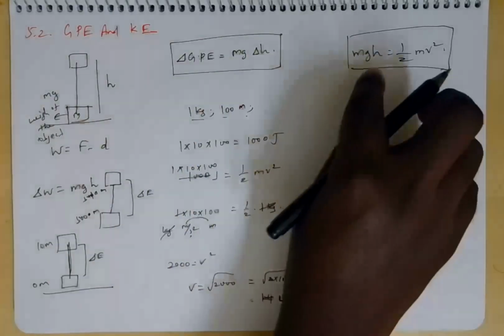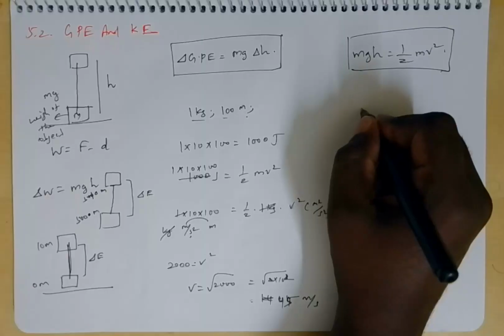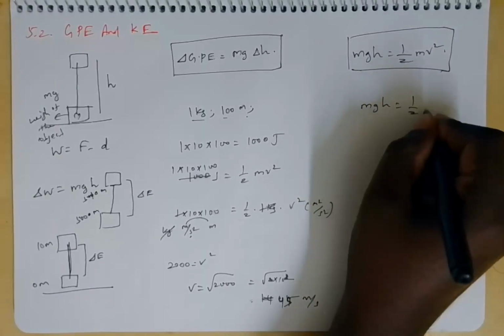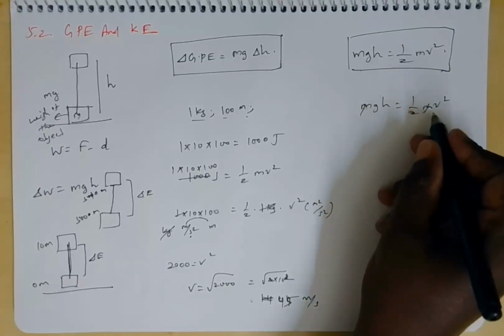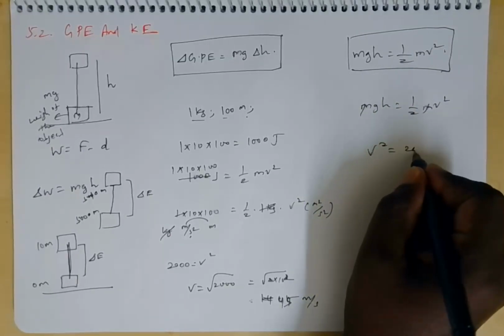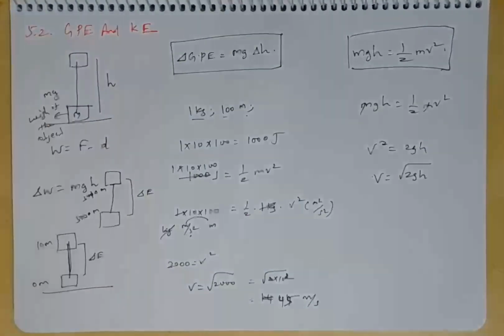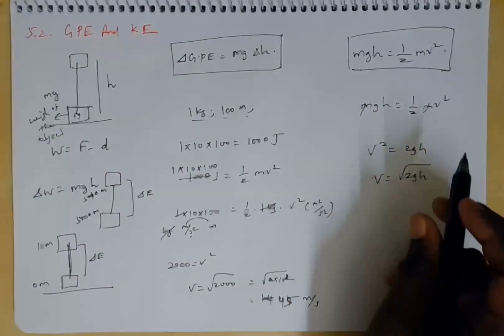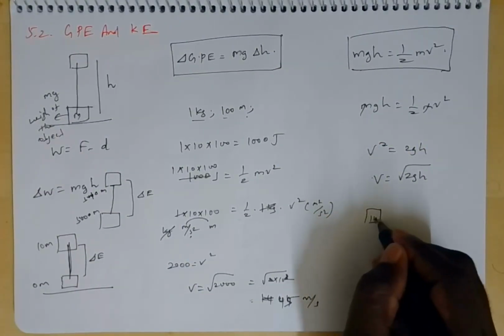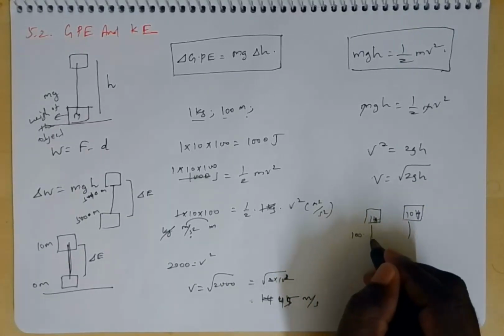Okay. So can you see that mgh is half mv square? Both m are equal, so we can cancel m and m. So directly you can find v square is 2gh. So v will be square root of 2gh. You can directly use this equation if h is given. Now what's the beauty is, let's say that I'm throwing a 1 kg mass object and a 10 kg mass object from the same height, 100 meter.